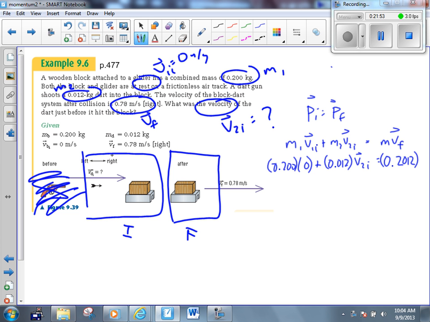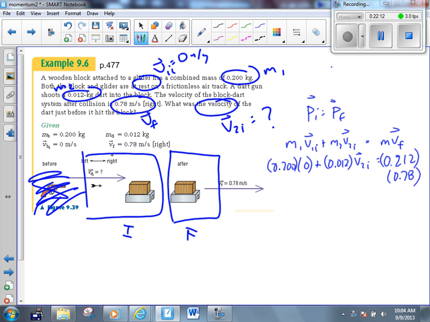The dart is stuck to the block, so the total mass of that one object after the collision is 0.212 kilograms. And the final velocity of that system is 0.78 meters per second.